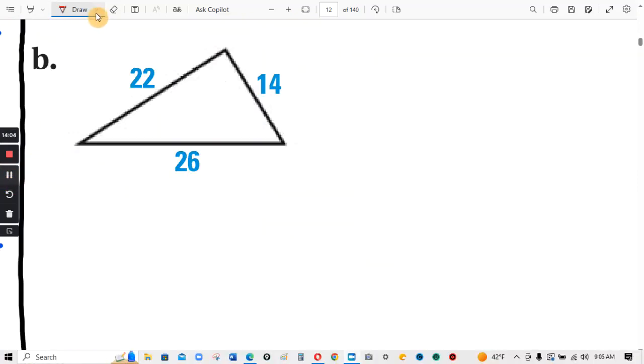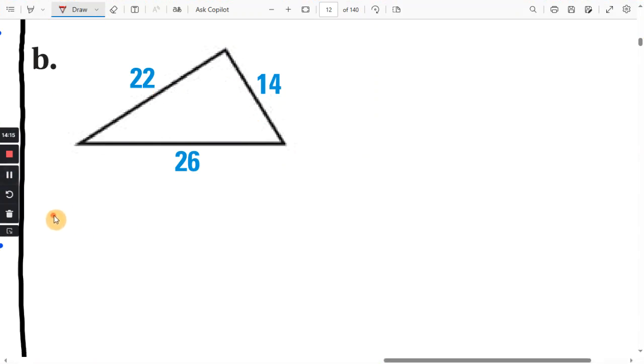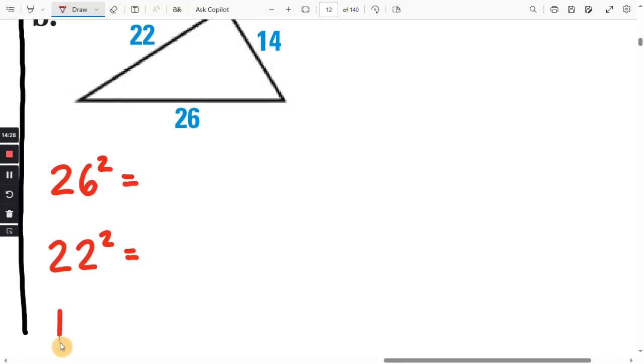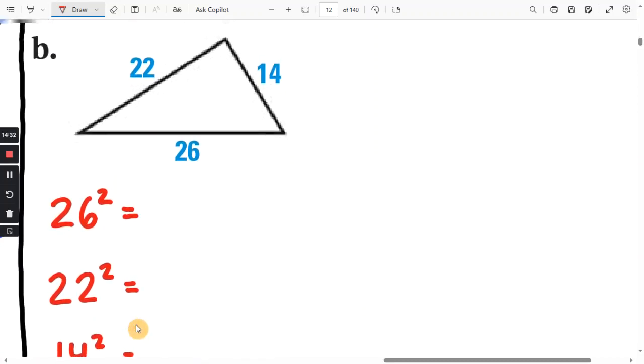All right, then you can start. All right, one more. So here's the side lengths. This one's easier because there's no radicals. All right, 26 squared, 22 squared, and 14 squared. All right, so I need a calculator for this.